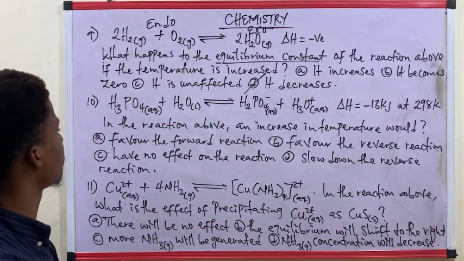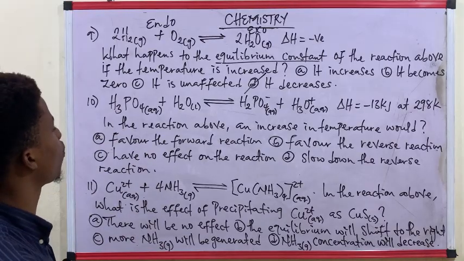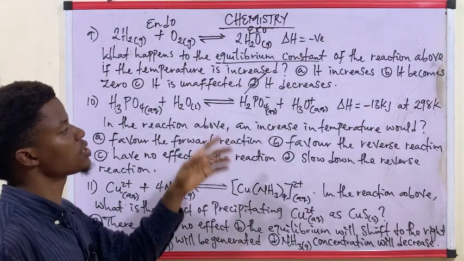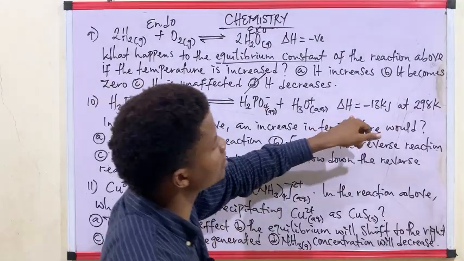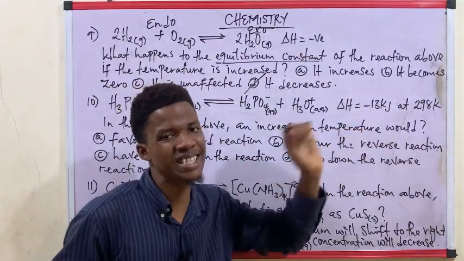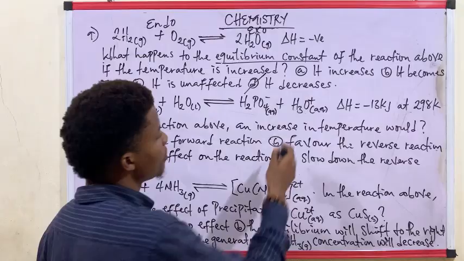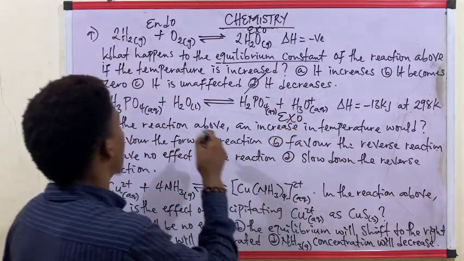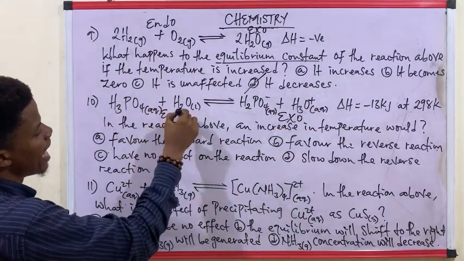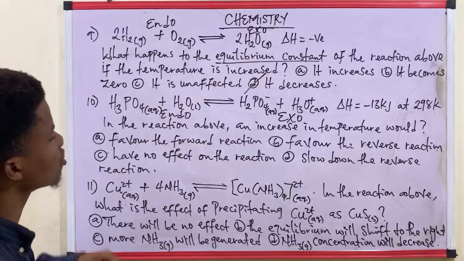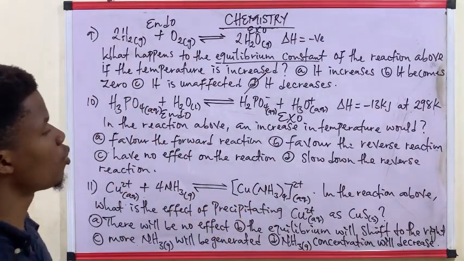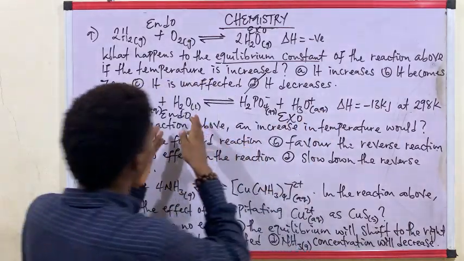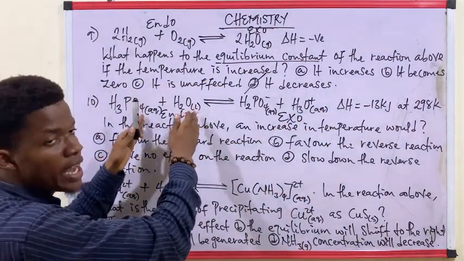Then question 10, we have this H3PO4 plus H2O to give us H2PO4 minus plus so on, and we have delta H is equal to what? Minus 13 kJ. So it means the forward is exo and our backward is what? Endo. So in the reaction above, an increase in temperature would shift the equilibrium position.